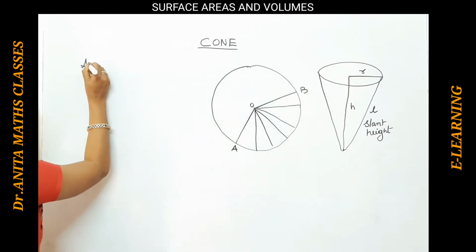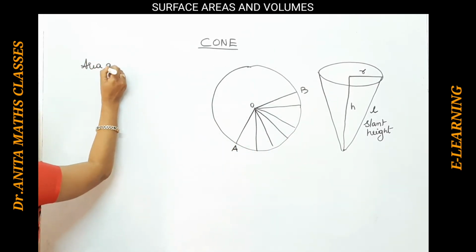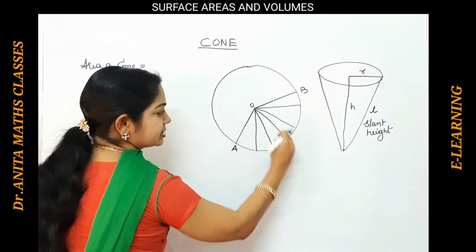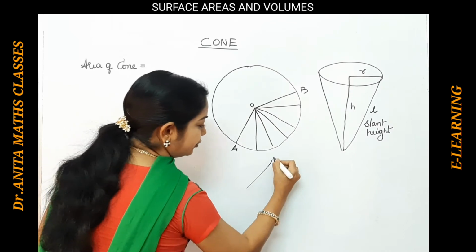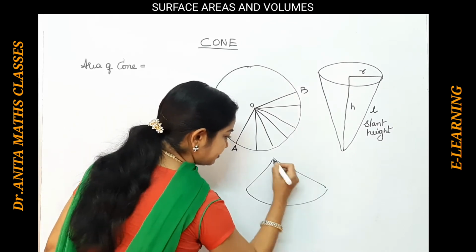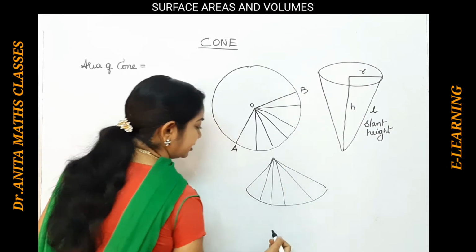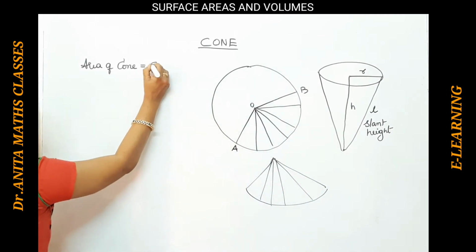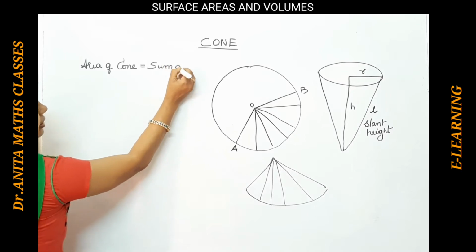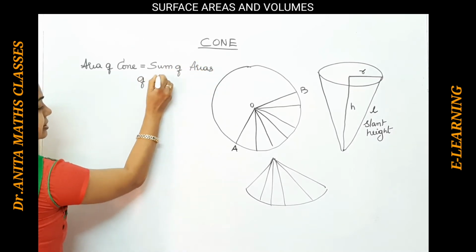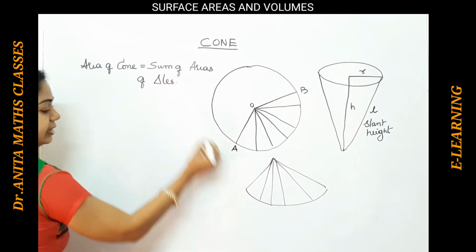So area of the cone is equal to the sum of the areas of triangles, as I have divided this part of the sector into triangles.